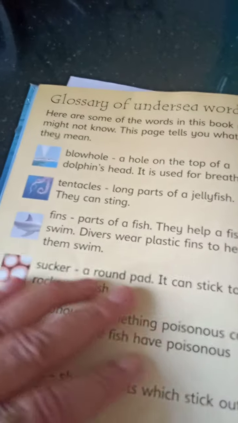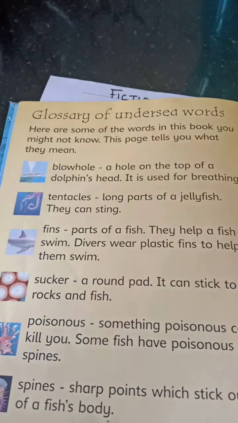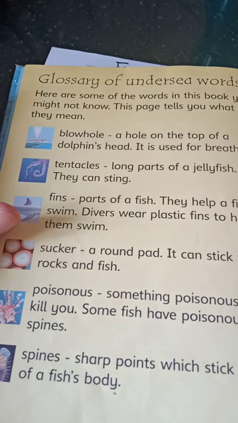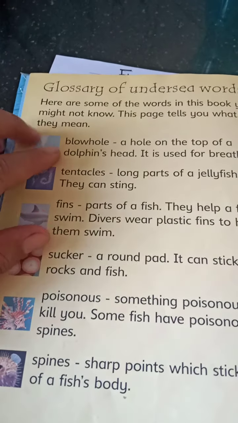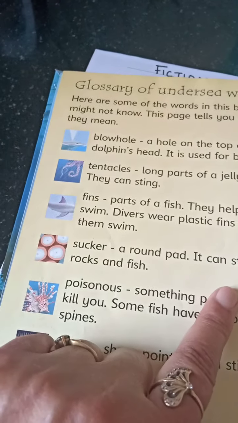So what's a glossary? Glossary, as I said, is a kind of dictionary that lists all the important words which are there in the topic, or in the book. And then it helps the readers with its meaning, explanation or description.